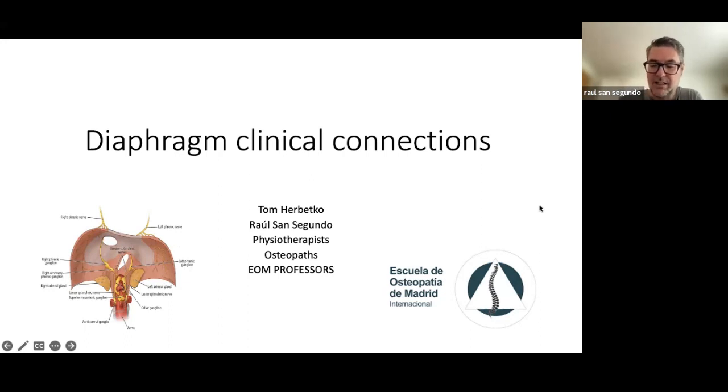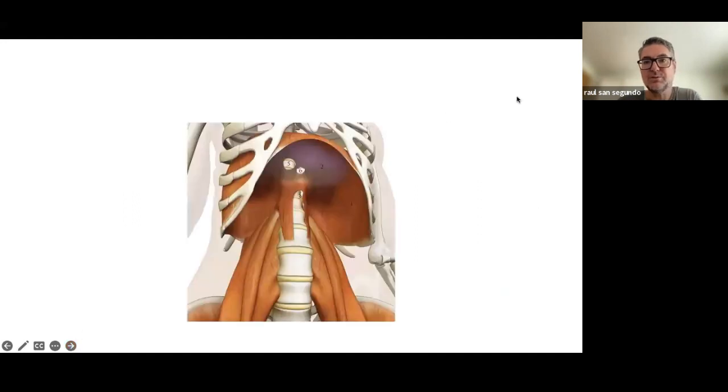Both of us are going to try to make our colleagues, our students and our future EOM students remember this, because when you talk about the diaphragm, you think it's only the breathing aspect, but you have to have firstly the structural and functional anatomy connections.